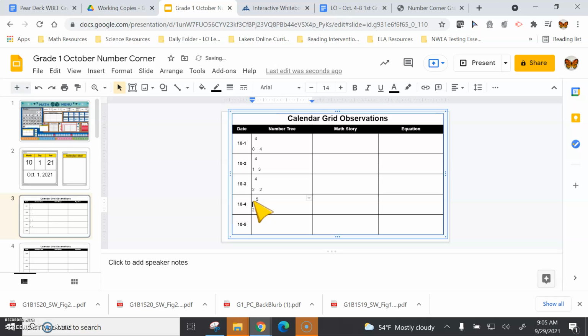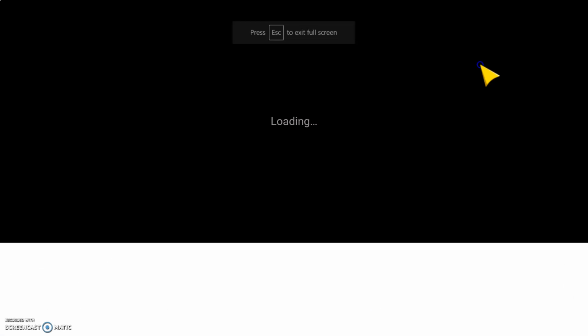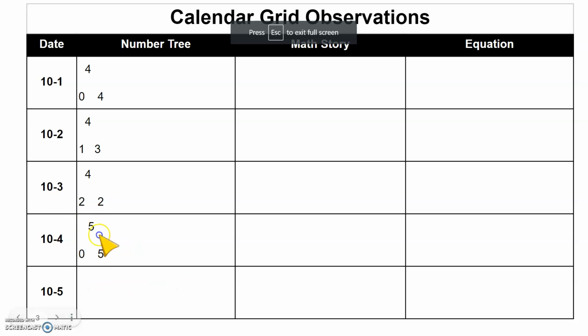That's how many leaves we had. None of them were in the basket, so we'll put 0 here. And 5 of them were out of the basket. So if we look at our information here, we have 5 is our big number, and then the 2 numbers below. 0 plus 5 equals that big number 5 at the top.